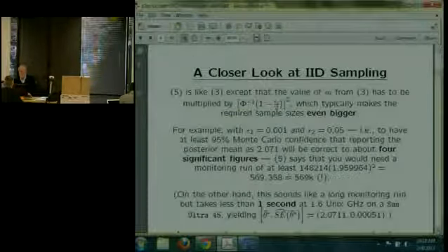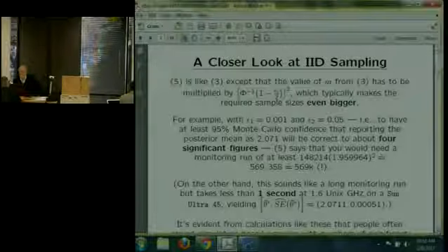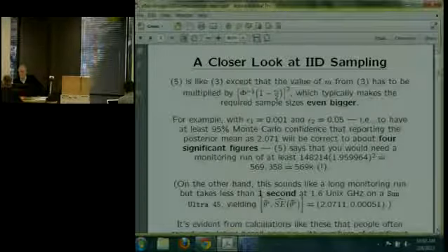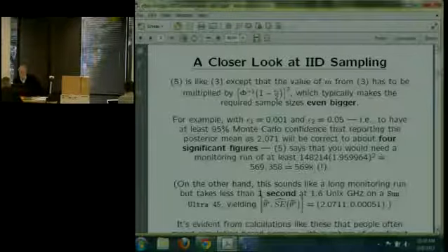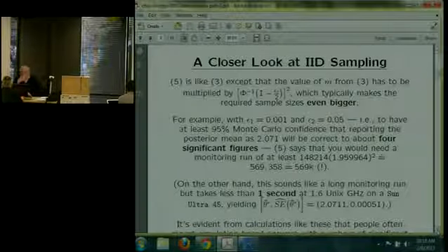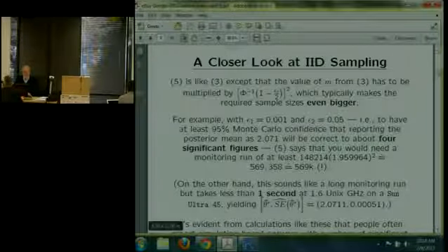And so here I take the previous number, 148214, and I multiply it by 1.96 squared. And it turns out that we would have to have a sample of size about 569,000 to get that degree of Monte Carlo accuracy. On the other hand, that's really fast. So let's go back to the web page, and here I'll ask R to do such a thing.